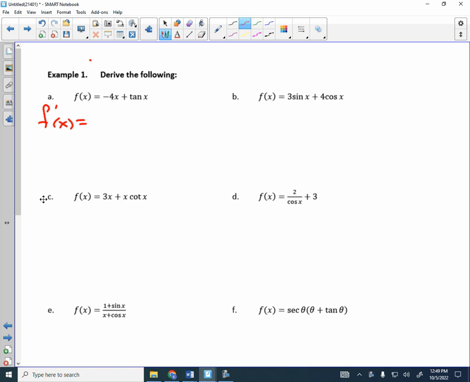Today we want to practice derivatives of functions that have trigonometric expressions within them. What's the derivative of negative 4x? Negative 4. What's the derivative of tangent? That's it. That's all there is.